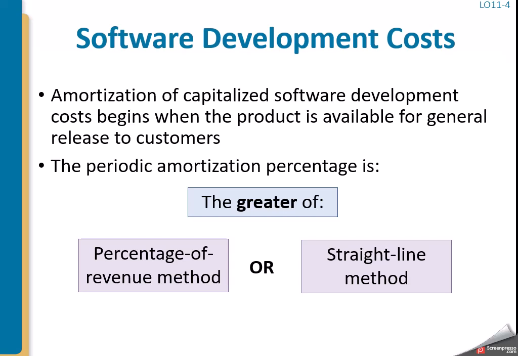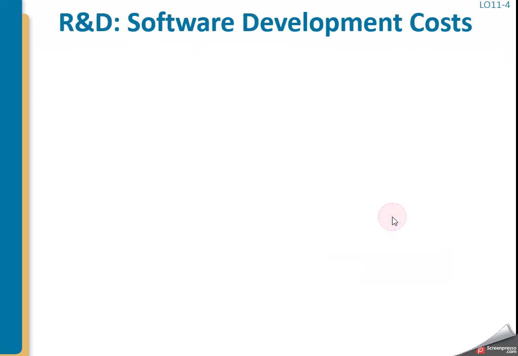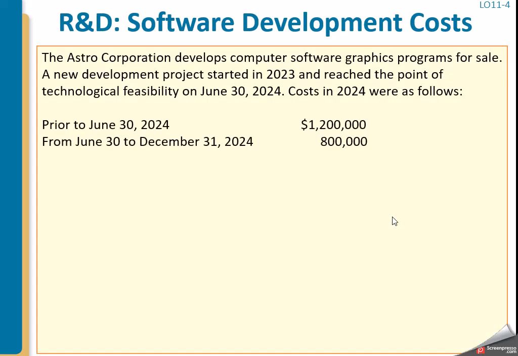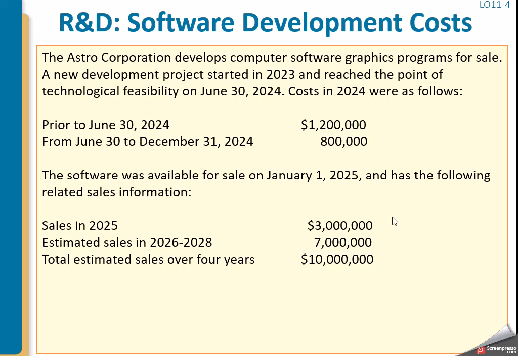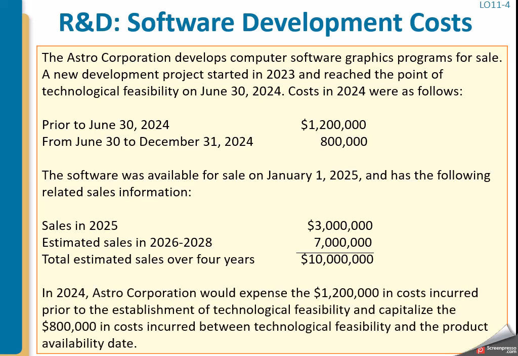So software development, there are 2 different methods that they can use to amortize the cost of that software development, either straight line or a percentage of revenue method, whichever is greater. So they give us an example of that. We have sales for the current year and then estimated sales for the future years. So 10 million over the 4 years.